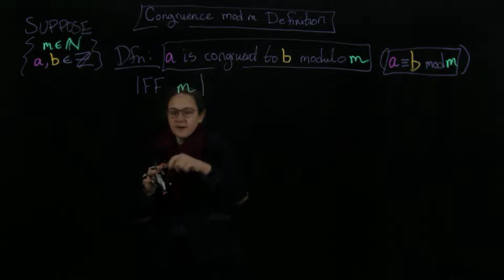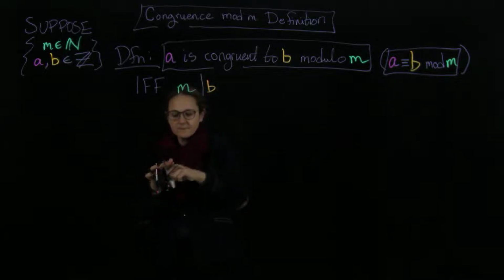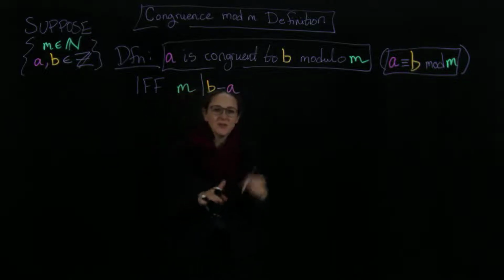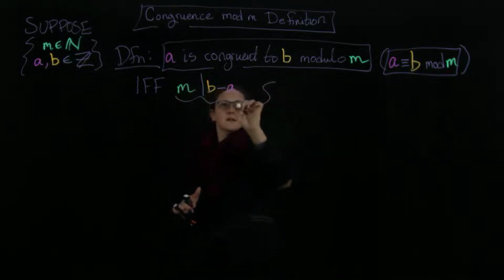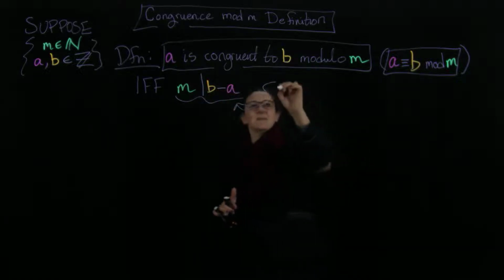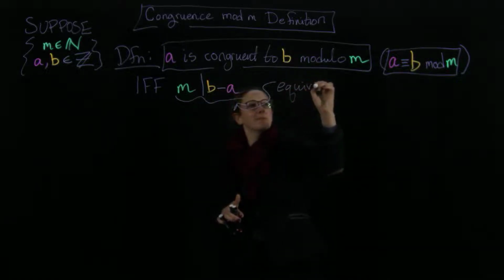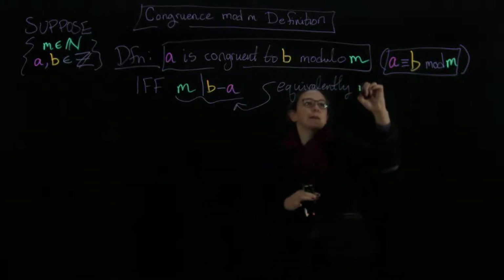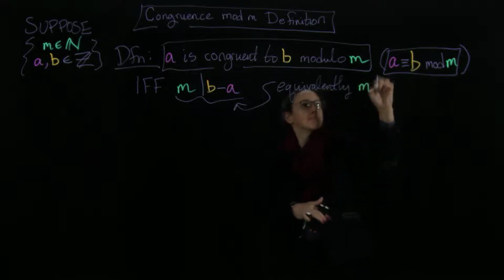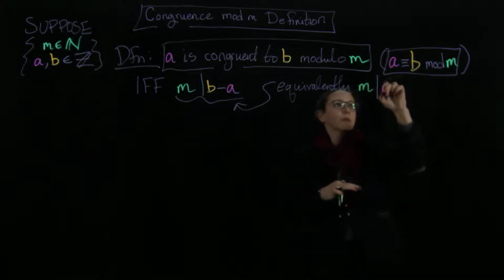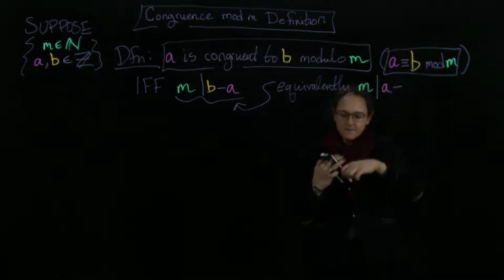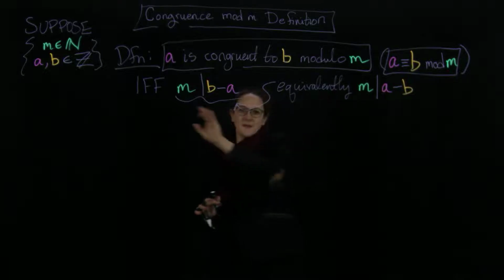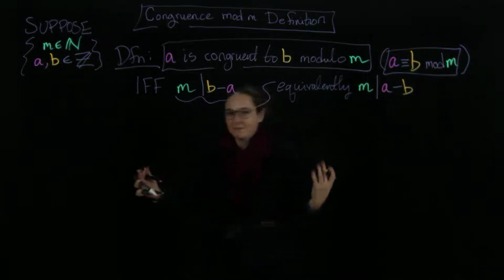Equivalently, M divides A minus B. Because these just differ by a sign, and if M divides B minus A, then it divides A minus B.